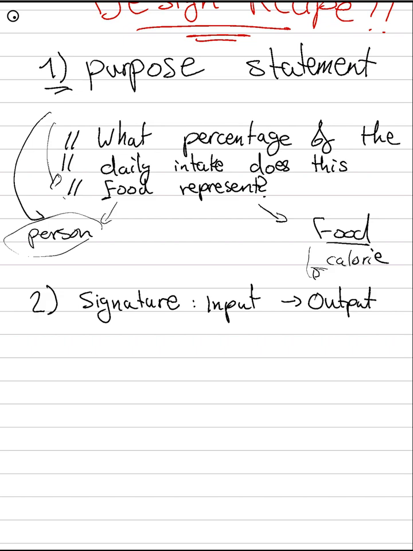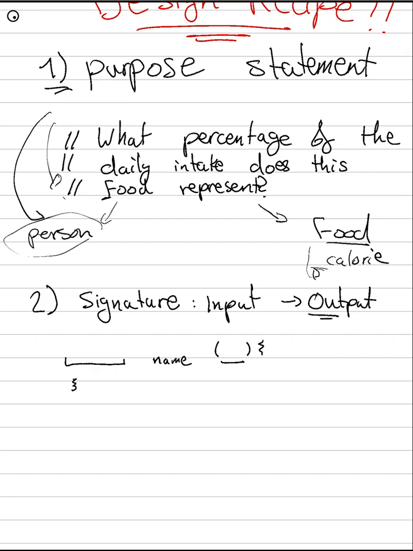The way that Java works is that it typically has the output first. So we have the output as a keyword, and then we have the name, and then inside the parentheses, we have whatever input. And then the method starts.